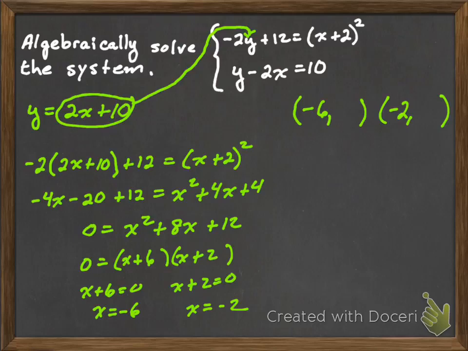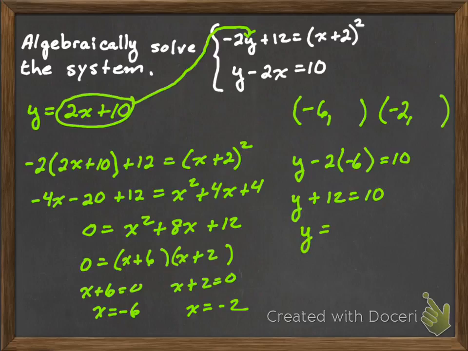To find the y values, we're going to substitute these into the linear equation here. So that'll give us y minus 2 times negative 6 equals 10. Negative 2 times negative 6 is positive 12. And then subtracting 12 gives you a negative 2.